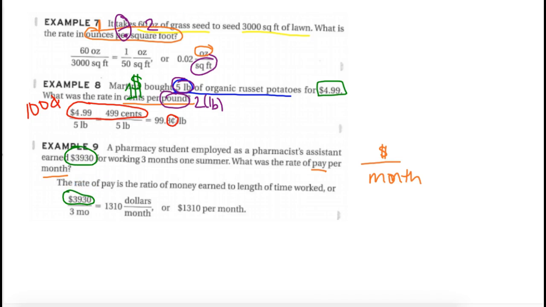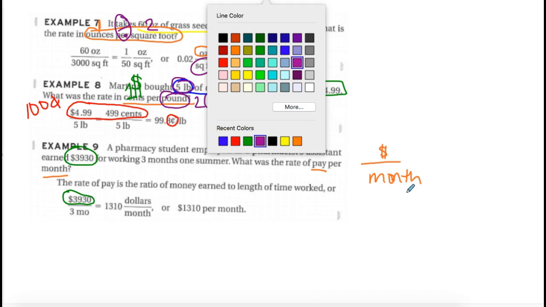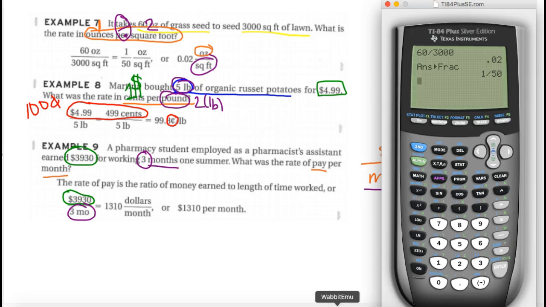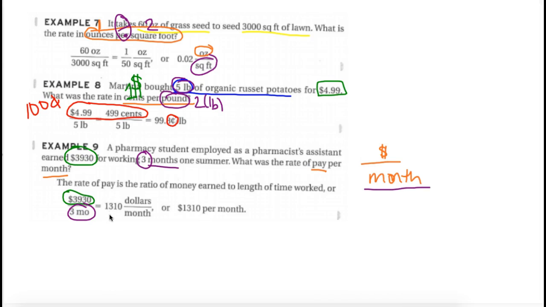Now I'm looking for the word month. I see it right here. Here's the number in front of it. So if we look at where they get that from, they did 3,930 divided by 3. That's where they get this amount, and then it's dollars per month.